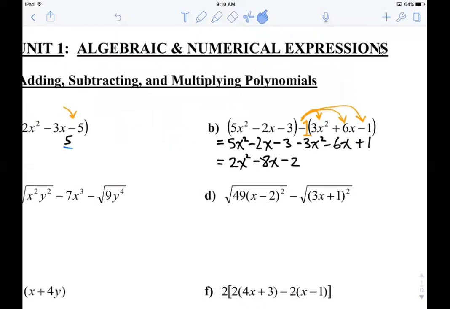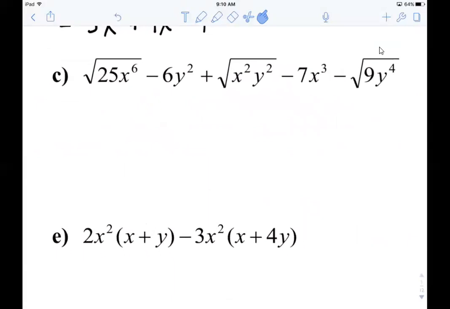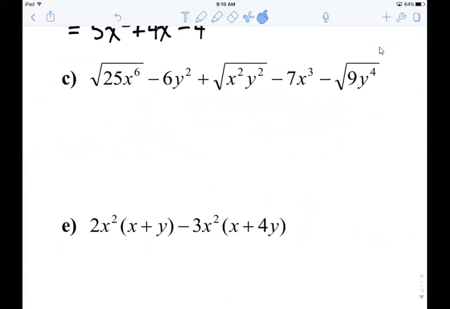So aside from just adding and subtracting these polynomials, what are some other little calculations and operations we might have to worry about? Well, you can see in example C, now we're getting into some square root signs. If we're square rooting something like this monomial here, it's got two pieces to it. It's got a coefficient of 25 and a variable with an exponent on it.